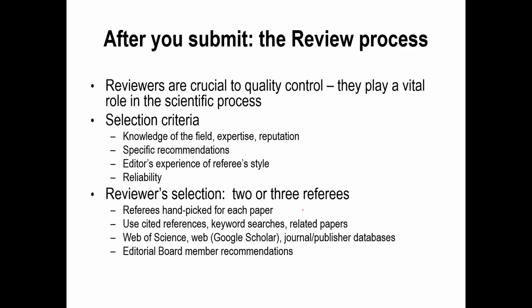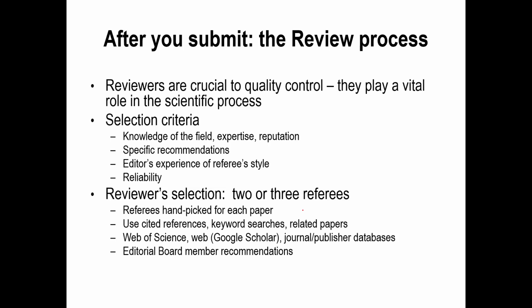Then after you submit, what happens in the review process? Of course, the reviewers are crucial for quality control. They play a vital role in the scientific process. These ones have the knowledge of the field, they have the expertise, they have a good reputation, and they are reliable. So how do we select the reviewers?